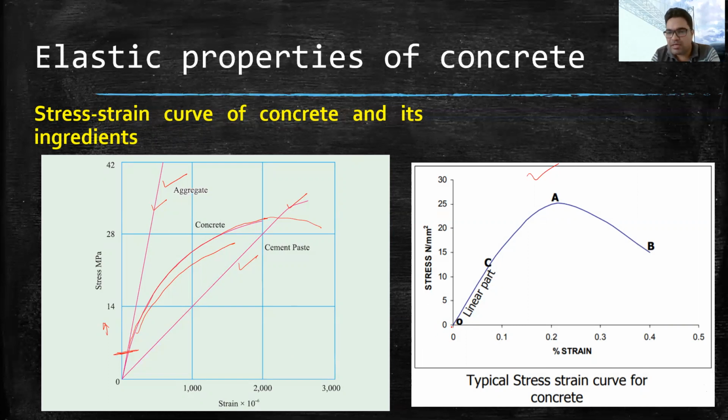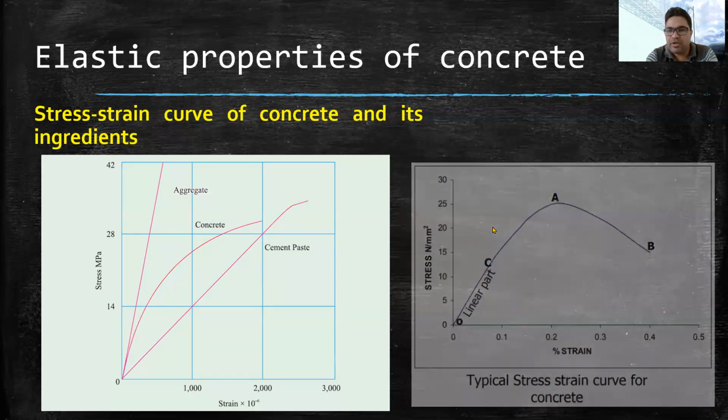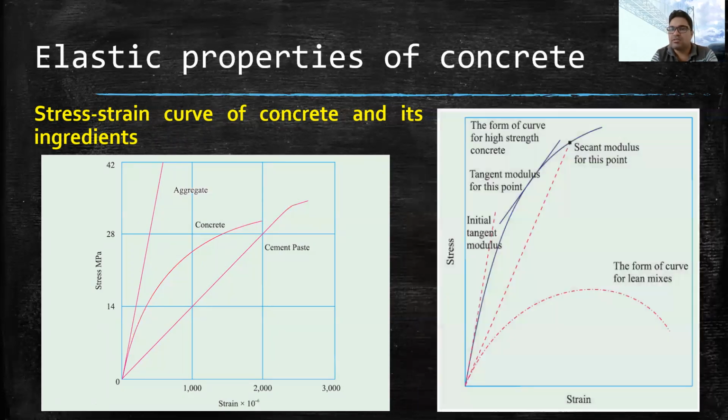If we draw an initial tangent line along this part which is linear, then this tangent line will be called the initial tangent modulus. Similarly, if at any point we draw the tangent line, this will become the tangent modulus. So this is the method of drawing tangent modulus, and this is how we find out the modulus of elasticity.